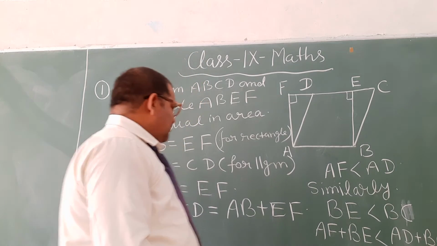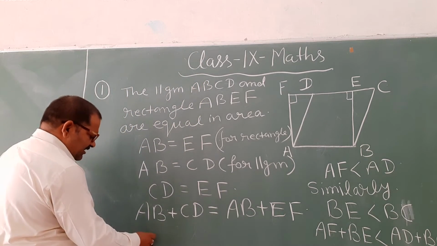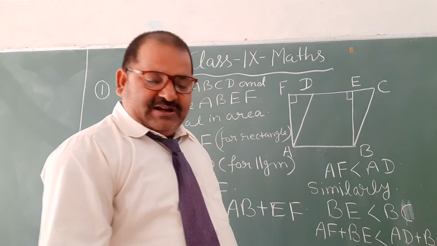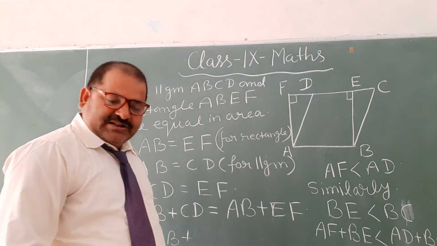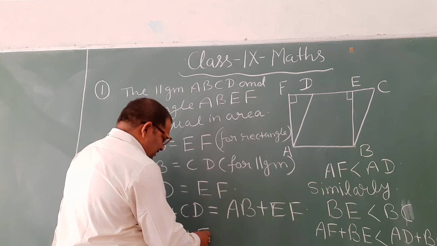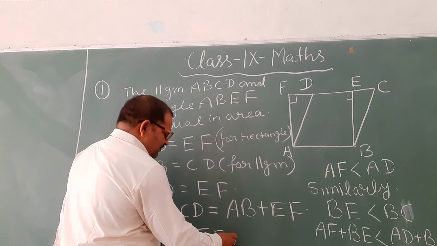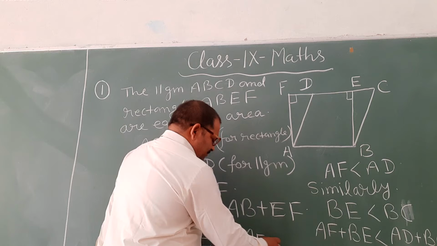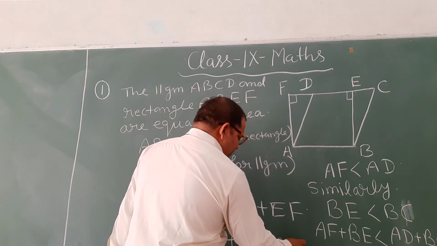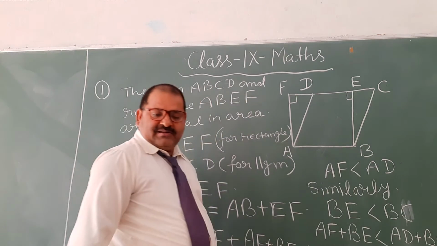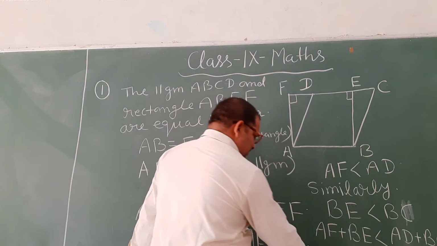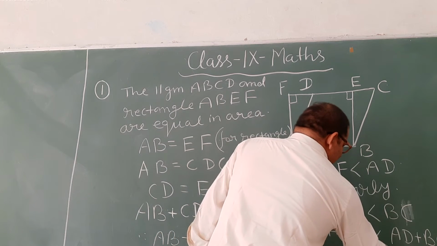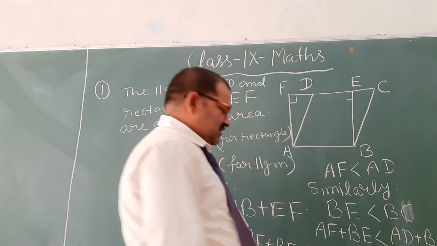Now adding, AB plus EF plus AF plus BE is less than AD plus BC plus AB plus CD.